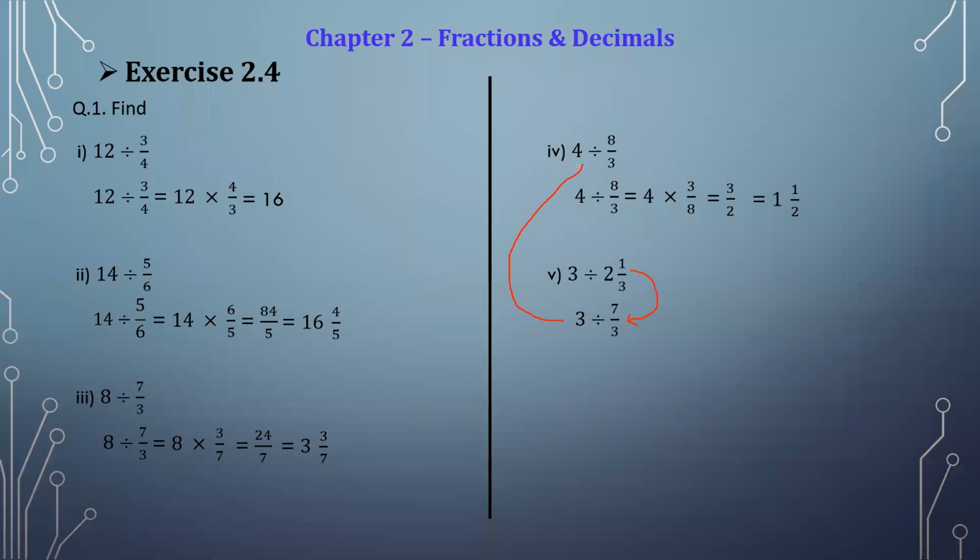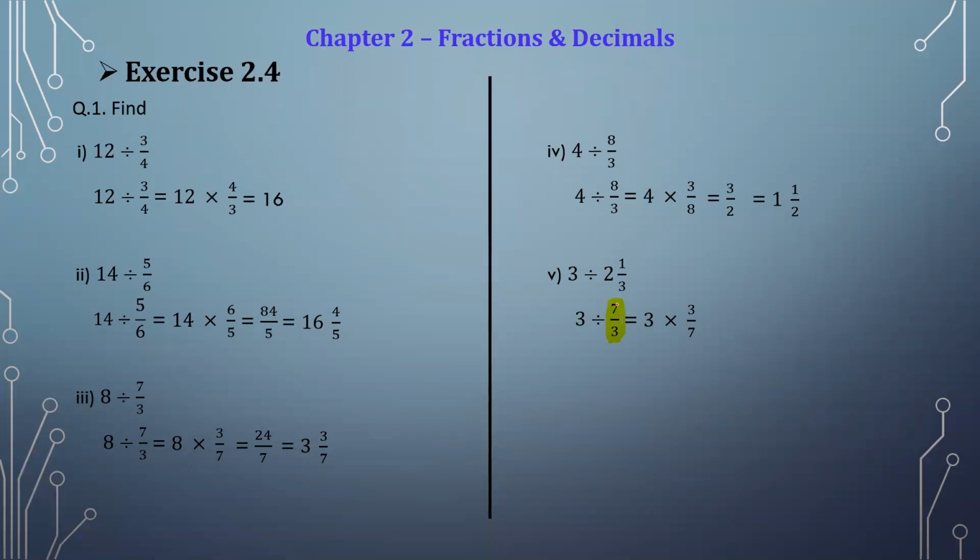Now you are getting the regular statement. Now this step is similar to the fourth example, or similar to the third, second, first example. Now you can follow the remaining steps as it is. That means the next step will be taking the reciprocal of the fractional number. So here the fractional number is 7 upon 3. You have to take the reciprocal of 7 upon 3, and the first whole number, 3, is going to remain as it is.